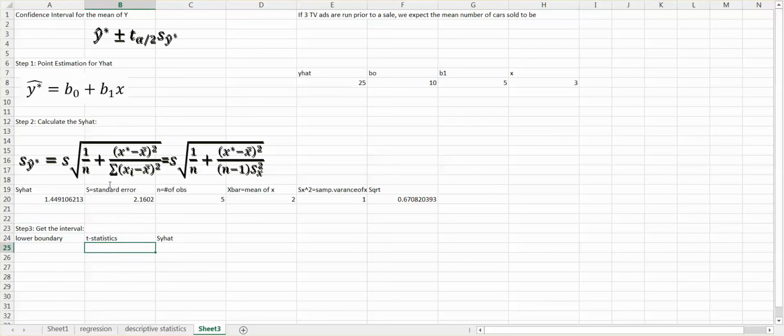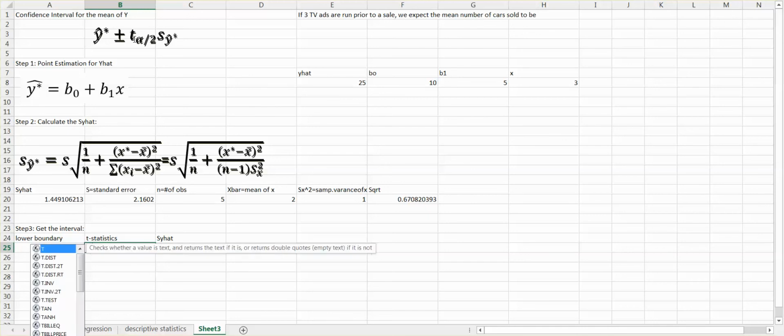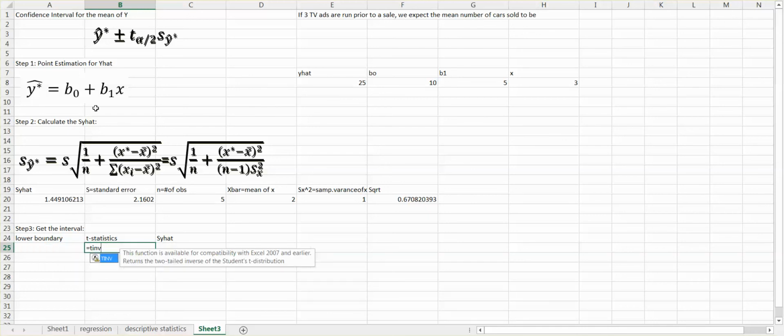Before we do the calculation, in step 3, we need to know how to get the t-statistic. As I mentioned, you can find it based on a t-table, but here we are using Excel, using the function called equal TINV. That's the function we will use to get the t-statistic, then parentheses. The probability we use, since it's a 95% confidence interval, is 0.05, and a comma. Then the degrees of freedom.